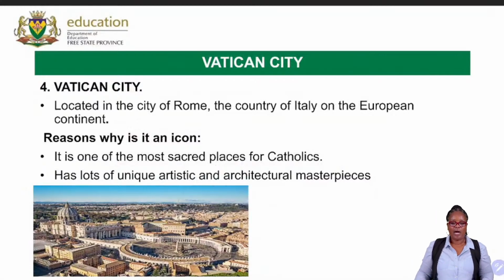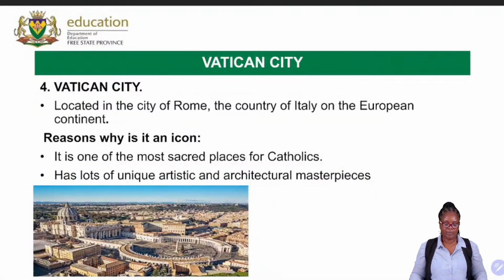Okay? There we are. For Vatican City, we need to know why it is an icon. The most important thing is that it is one of the most sacred places for Catholics.